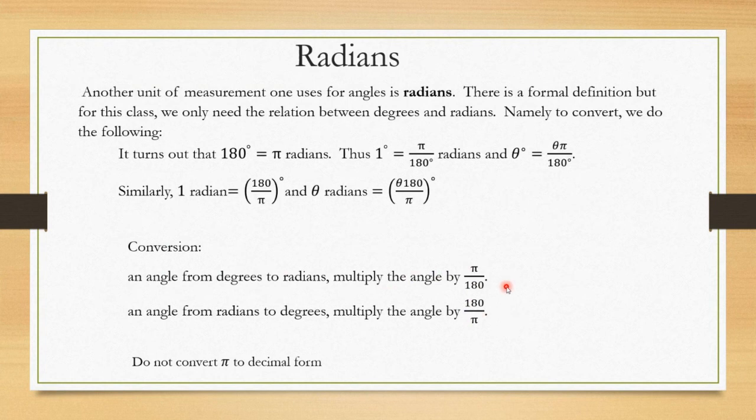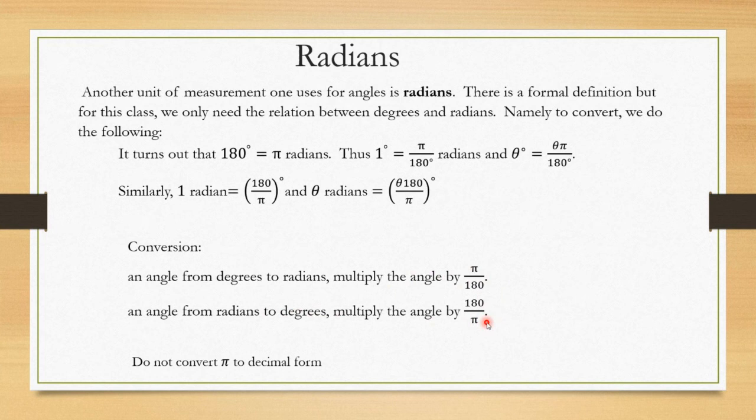And to go the other way, from radians to degrees, so if you start out in radians and you want your answer in degrees, you have to multiply by 180 over pi.